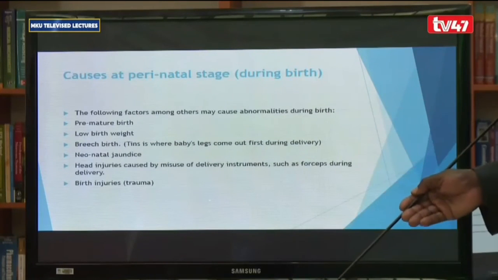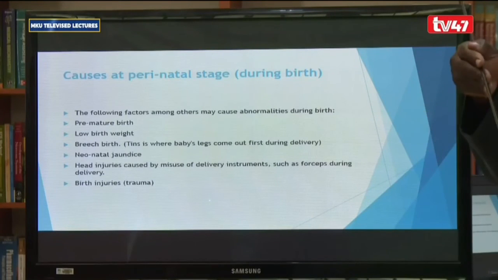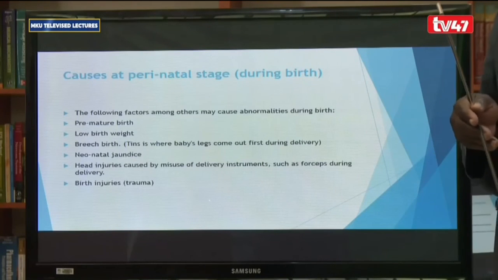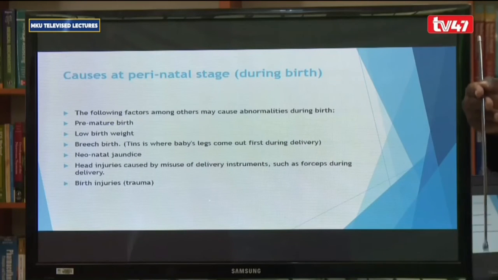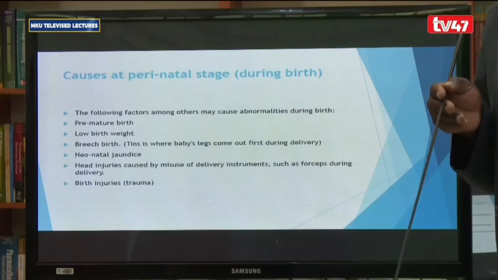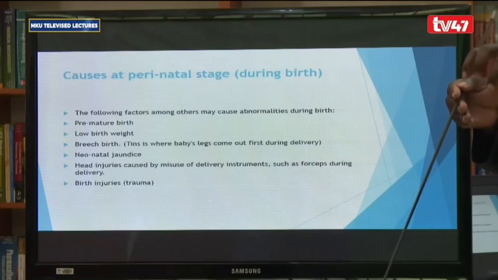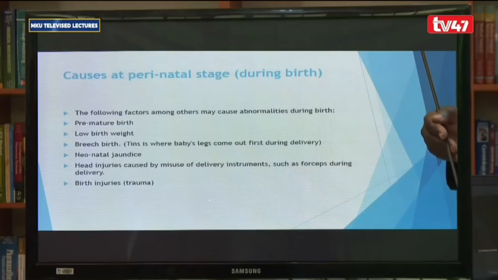And also head injuries may lead to disability. That is during birth. These accidents happen during birth, when the expectant mother is giving birth either alone or not in a safe place. That environment may contribute to a disability, an injury which will cause a disability.